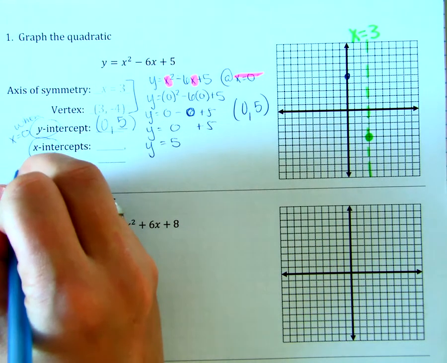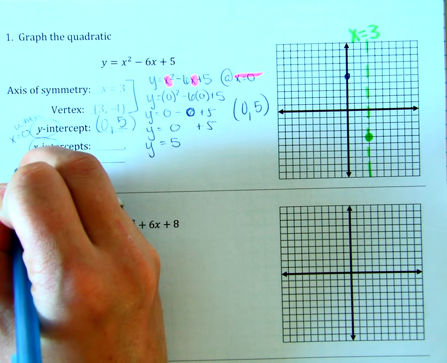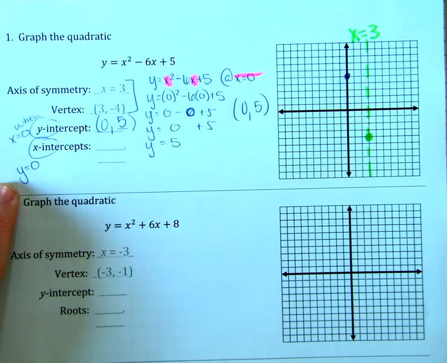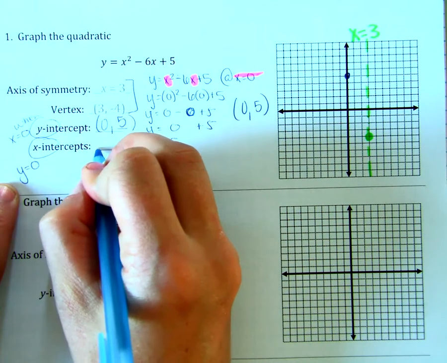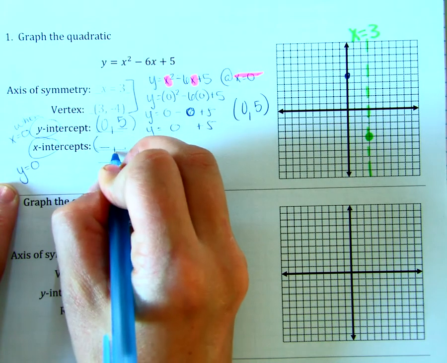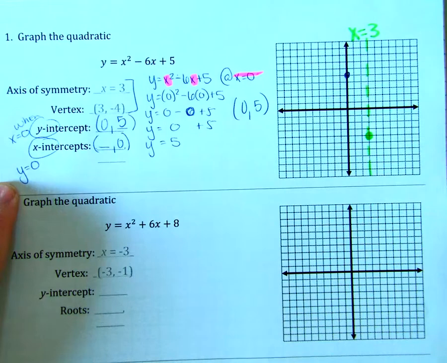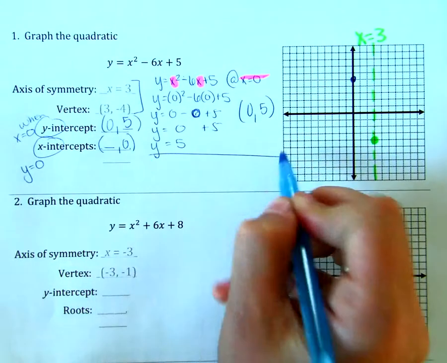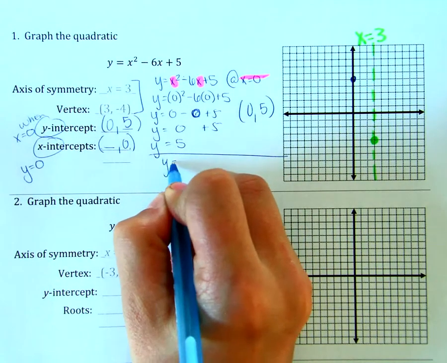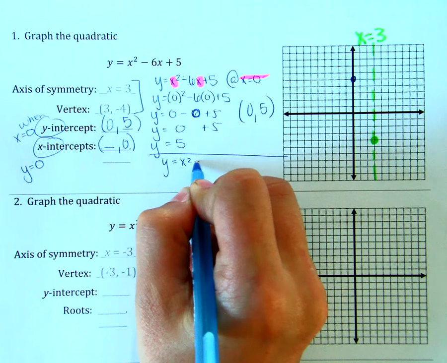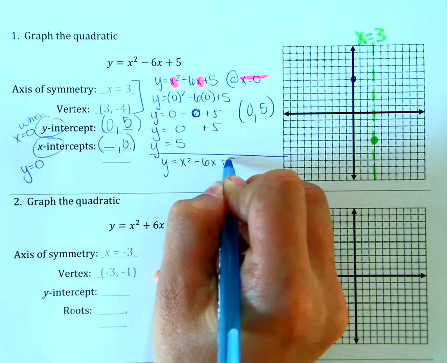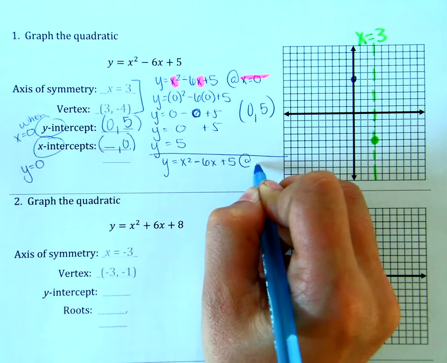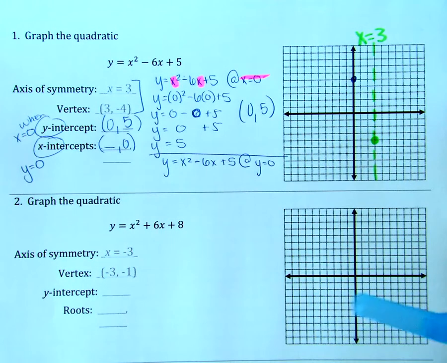X-intercepts always happen when y equals 0. So we know the coordinate's always going to be something, comma, 0. Okay, let's go ahead and solve for that. So again, we're using the equation y equals x squared minus 6x plus 5. And we're going to solve this when y equals 0.